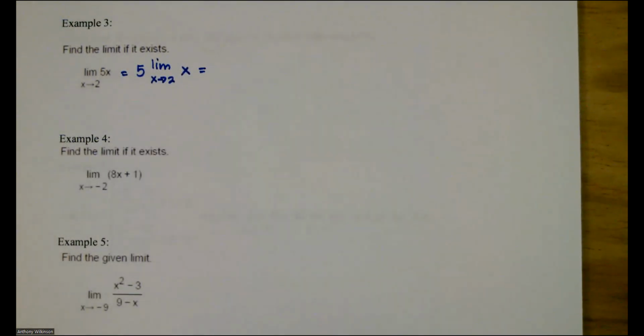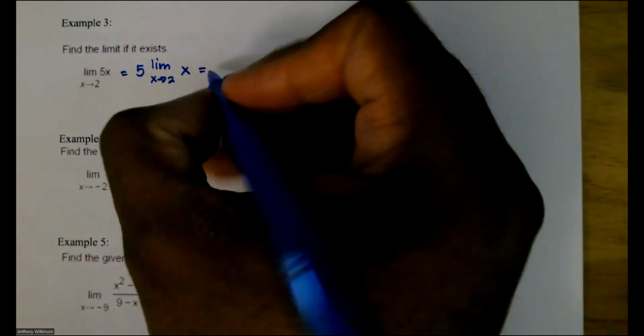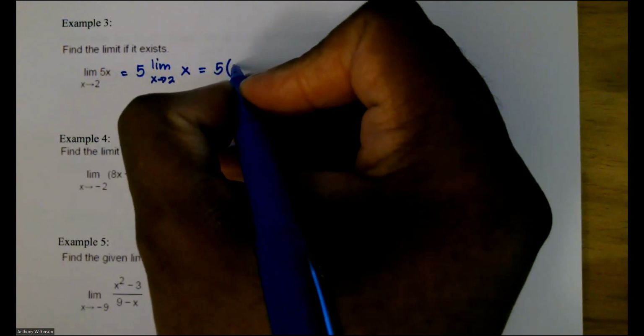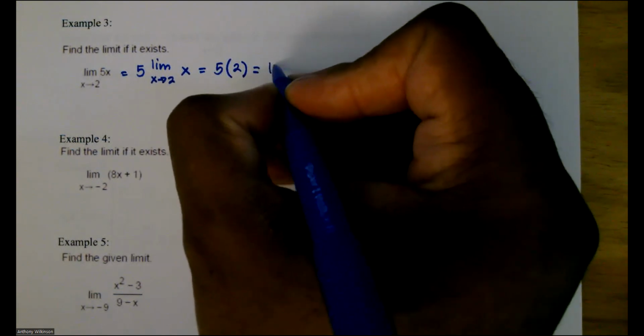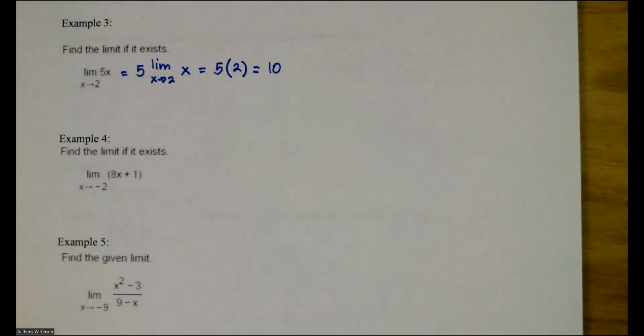And from here I can use property number 2, where the limit as x approaches the constant of x would be that constant itself. So the 5 on the outside times the limit as x approaches 2 of x would be 2. Then multiply 5 times 2, you'll get 10. So the limit as x approaches 2 of 5x would equal 10.